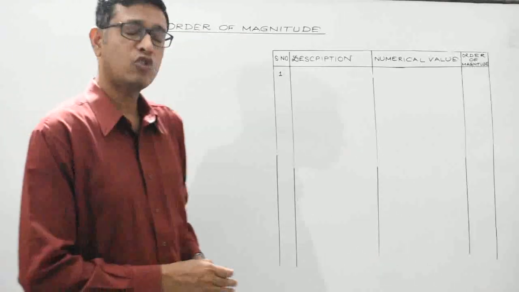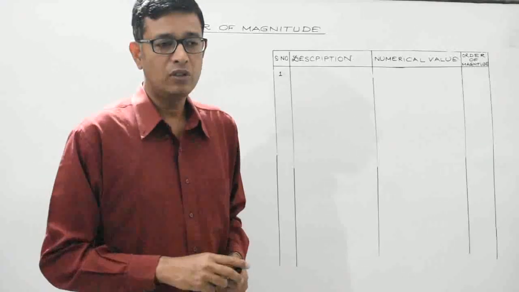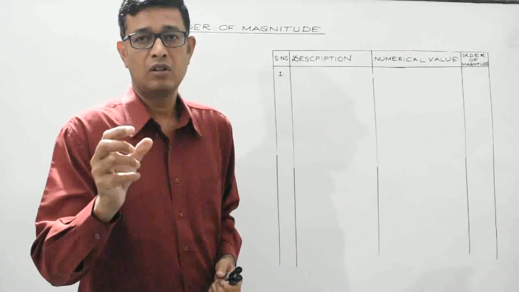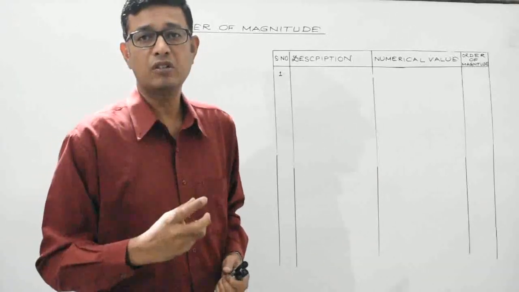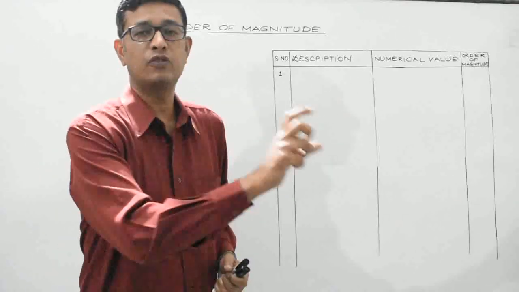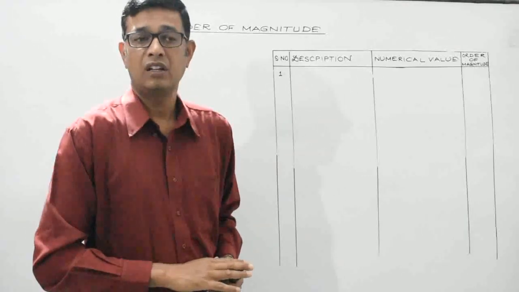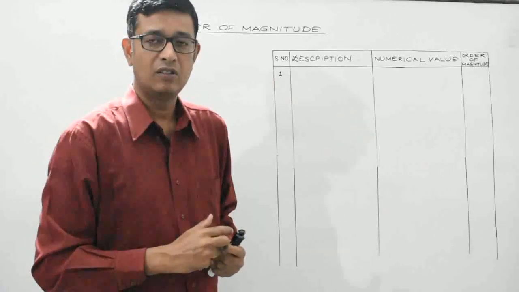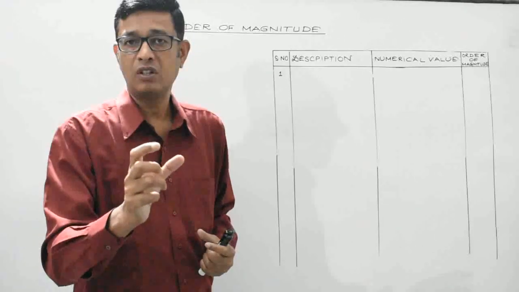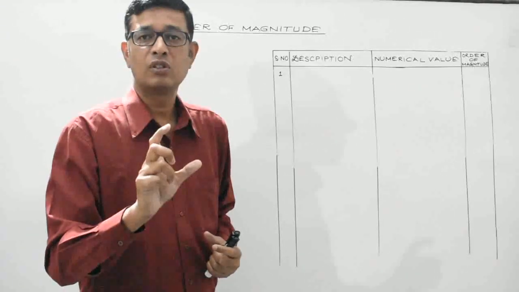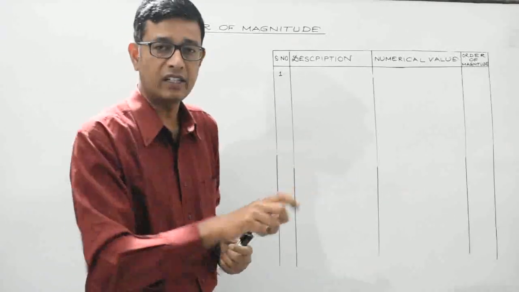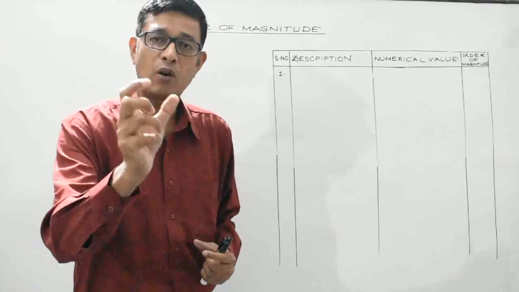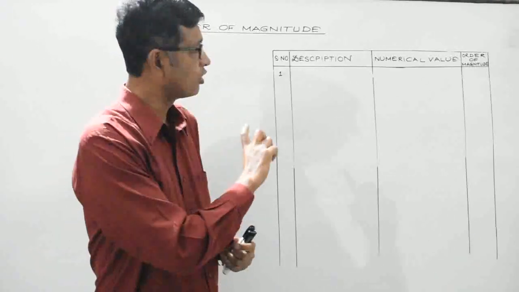Order of magnitude gives an estimation, an approximation of the actual value of the physical quantity, and it is to be expressed in powers of 10. So that's order of magnitude.